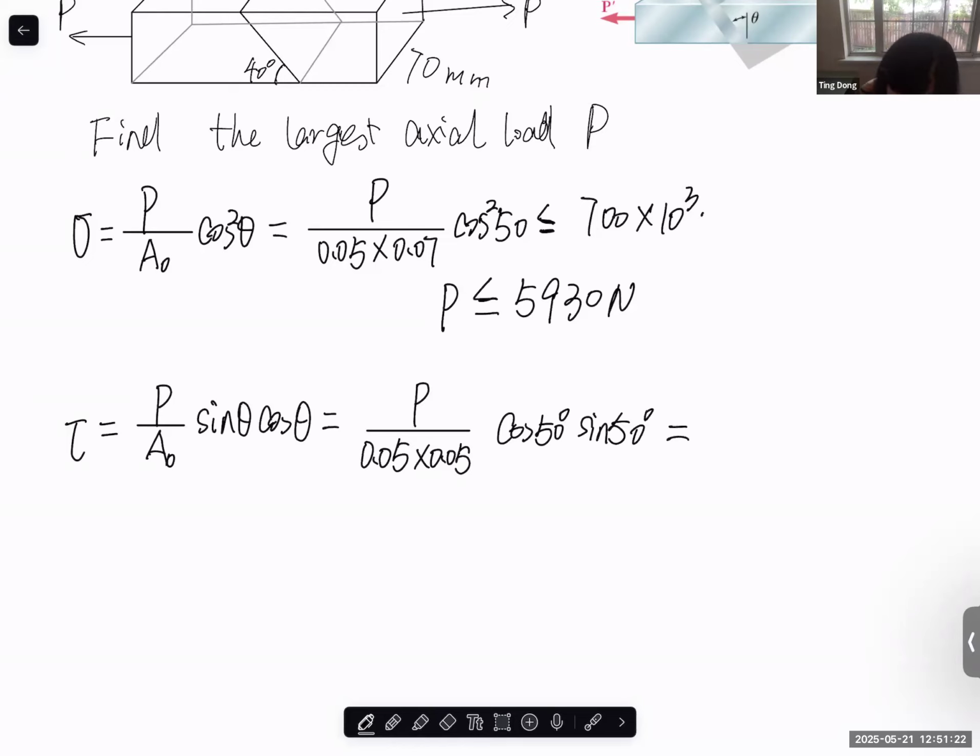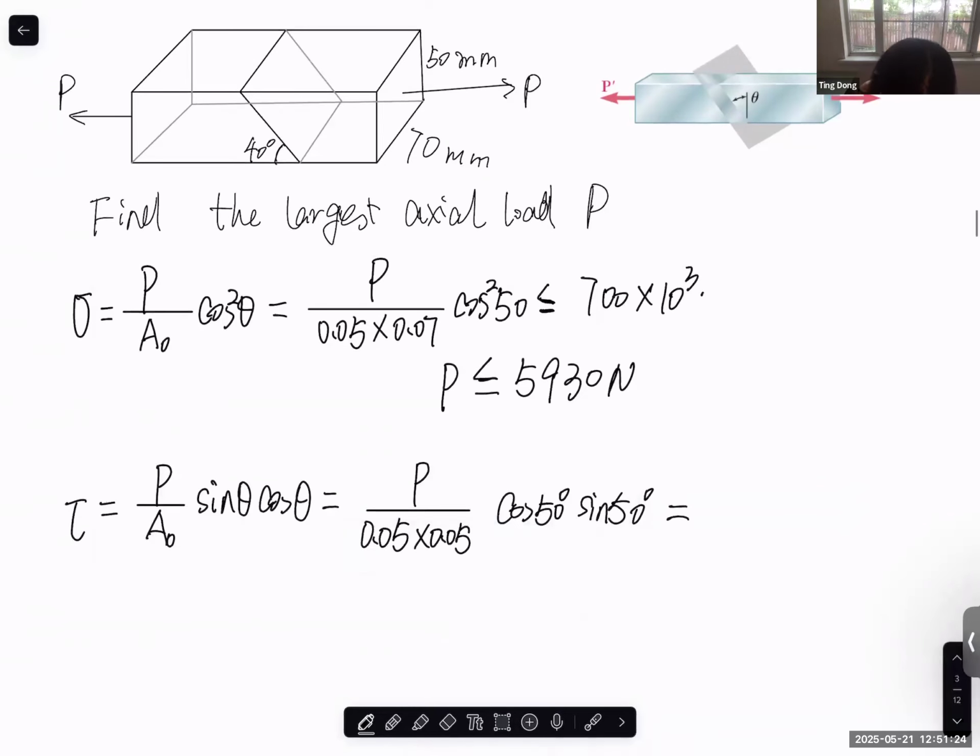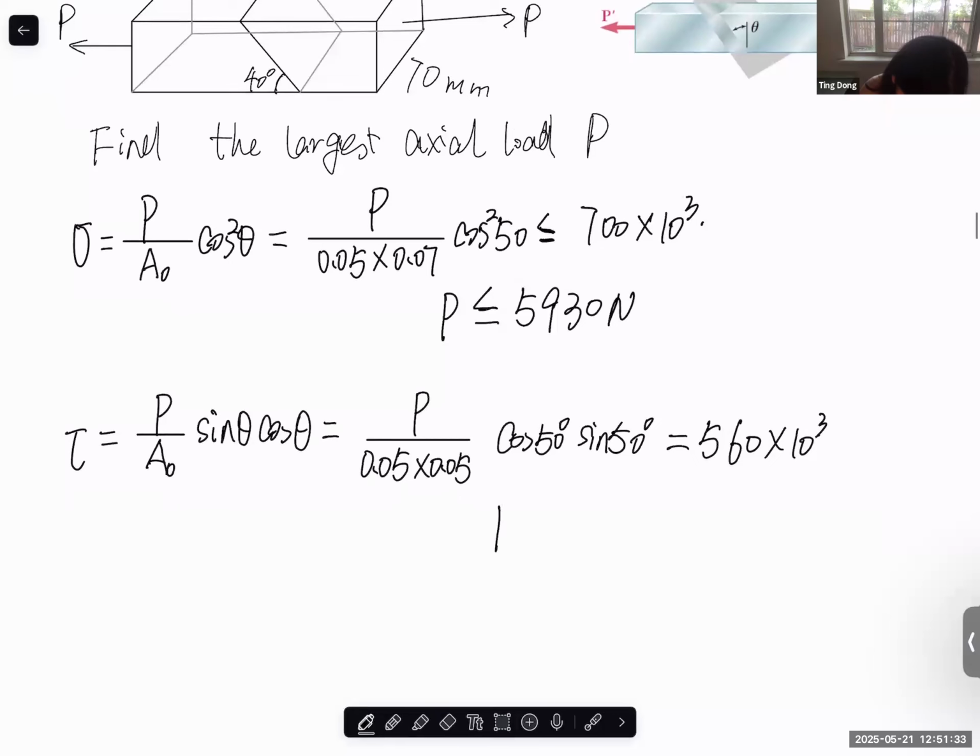And this should be equal to the threshold value, which is 560 Pascal, 10 to the third Pascal. So P equal to 3980 Newton.